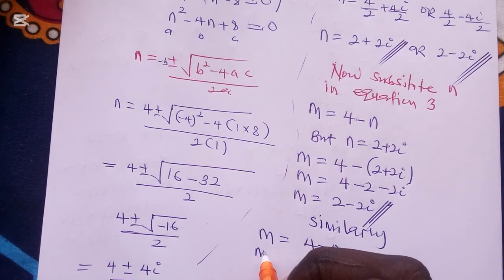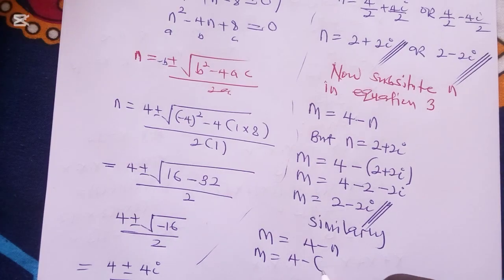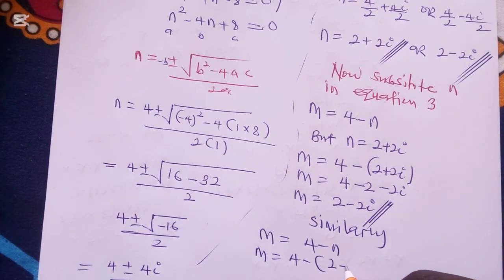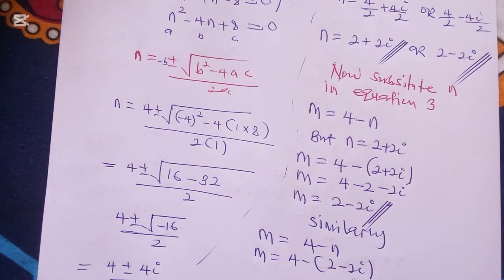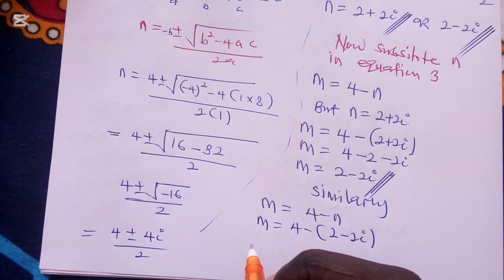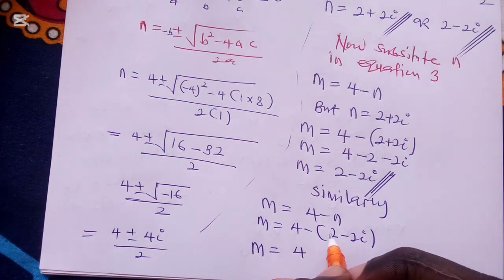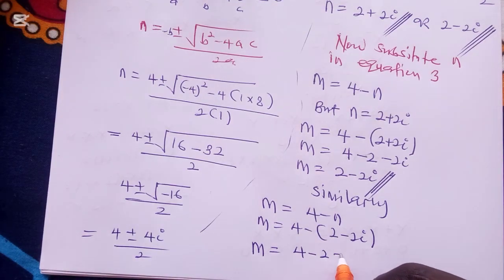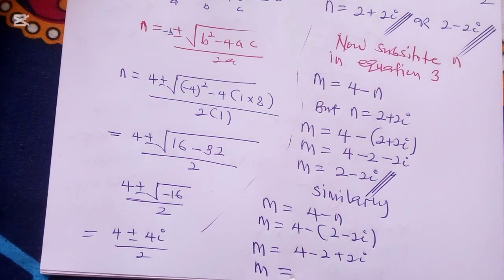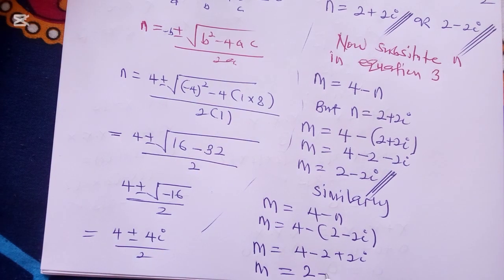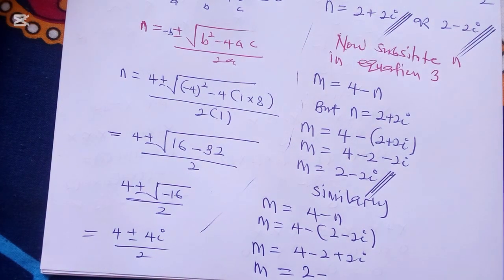We substitute, we say m becomes 4 minus n, where n is 2 minus 2i. Then if you simplify from this point, m becomes 4 minus 2 plus 2i, giving you 2 plus 2i.